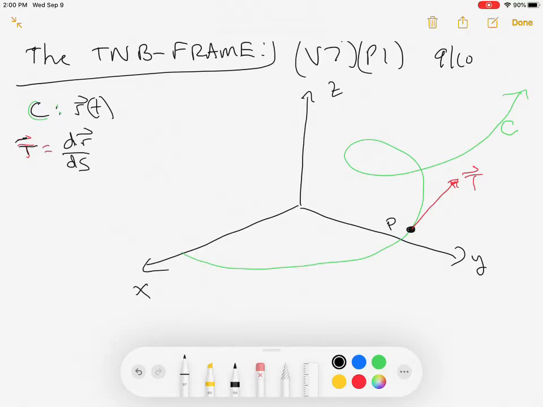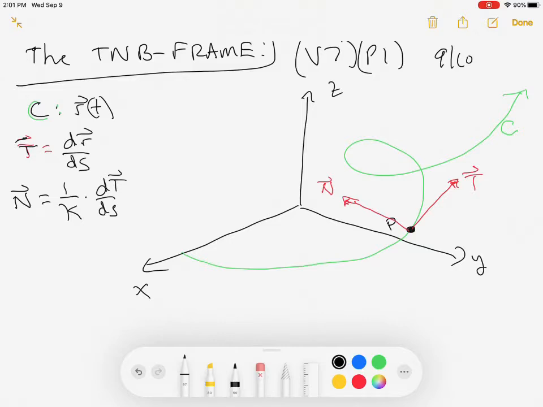So back to red here, and we've also now defined, coming off this way inside, in the concave direction, our normal vector N. And this vector is defined to be 1 over kappa, which is the curvature, times dT/ds, right? Like that. Okay, and today we're going to define a new vector.